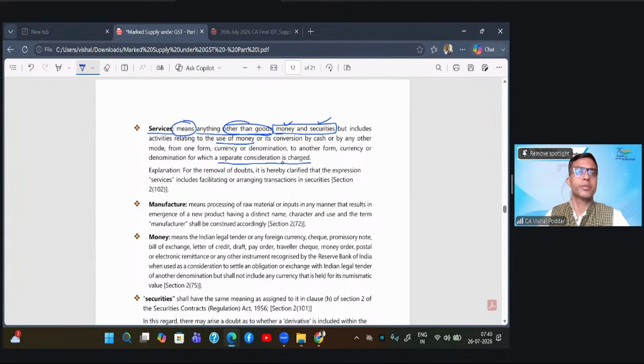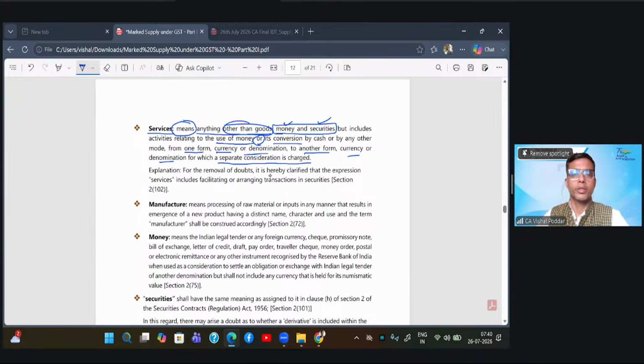That becomes service. Similarly, for money, another possibility is either you are giving it for use or you are doing the act of converting somebody's money from one form to another. So it may be from one form to another, or from one currency to another, or from one denomination to another.